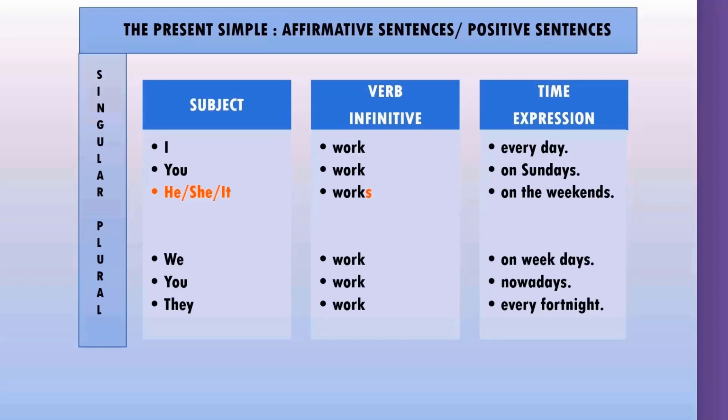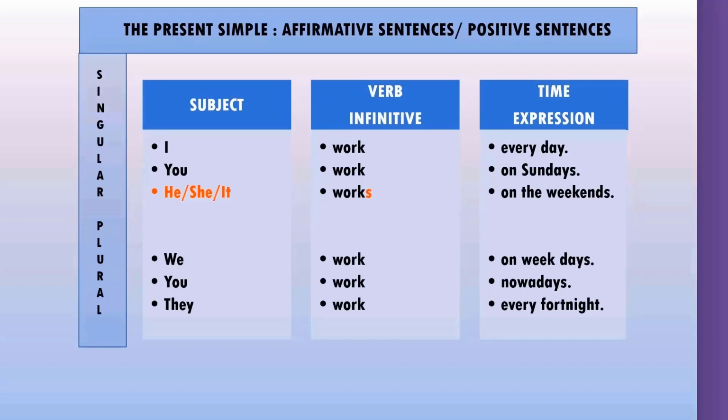So if you look at the table in the verbs section, all the verbs are the same apart from where you have he, she, and it. So for third person singular, the main verb changes in positive sentences, okay? The main verb here is work.